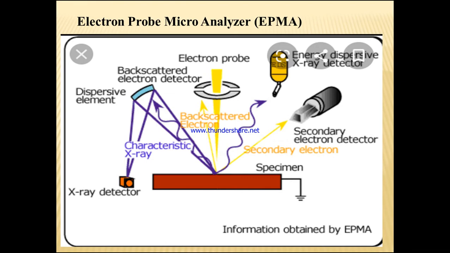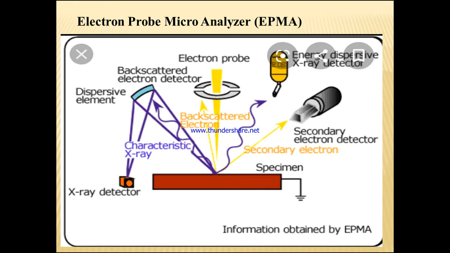When it moves out, we are going to see an empty space in the shell. We are going to have K, L, M and N shells, with valence electrons placed in the shells. So the low energy electrons are kicked out by the high energy electrons, and a gap is made in the shell.